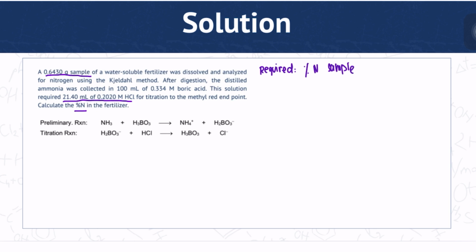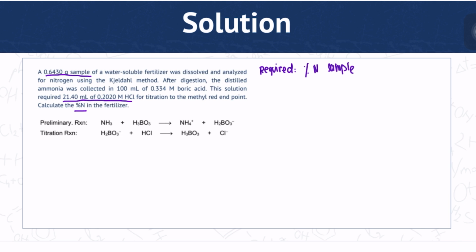So moving forward, we can start from what I'm seeing. We have two important values. Well, we have the 100 ml of 0.334 boric acid, but in order to understand why I didn't underline that, we'd have to understand reactions. So we have two reactions: the preliminary reaction and the titration reaction.